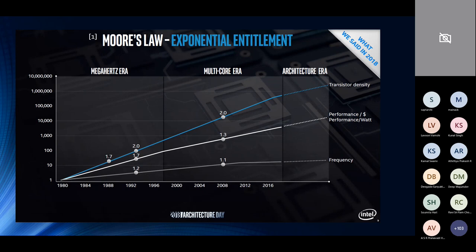So instead of focusing only on the transistor density or even performance per watt and frequency, if you see, frequency has kind of been pretty flat. We have seen tremendous growth and innovation in the architecture era, and we'll get a glimpse of that as well. So the intent of showing this slide was to say that the way we used to know a PC has changed completely in the last 10, 20, 30 years.